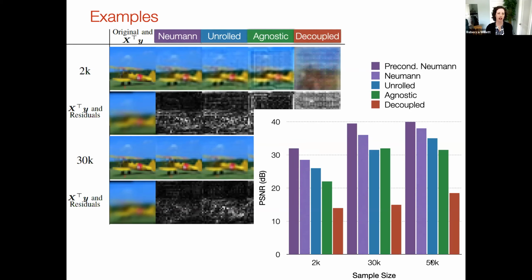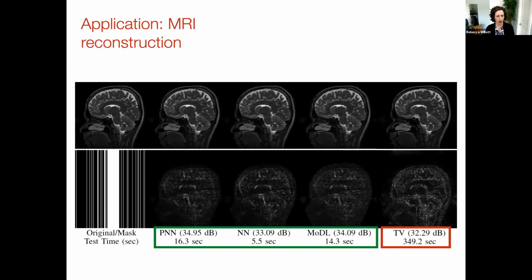Okay, so another thing that I want to mention, which I sort of hinted at earlier in the talk, is that MRI reconstruction is a key potential application of these ideas. So here I've got the results of a few different approaches applied to MRI reconstruction: the preconditioned Neumann network, and modal, which is a method explicitly designed for MRI and is considered among the state-of-the-art for MRI reconstruction.